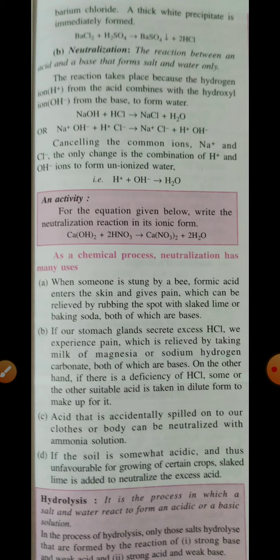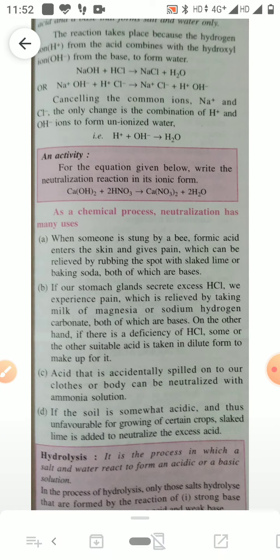That is a base, alkaline. That antacid is sodium hydrogen carbonate, a solution of it is taken. Then it will neutralize the acid present in the stomach, which is secreted in excess by the gastric gland. Then we get relief.